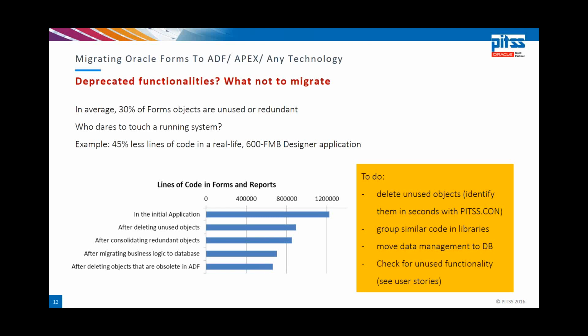Now, a bit of explanation of how PITSS.CON identifies the unused objects. If you visualize the repository of PITSS.CON as a series of tables in the database holding Forms and Reports objects and their properties, what we do in PITSS.CON is parse these objects and then find the interdependencies among them.